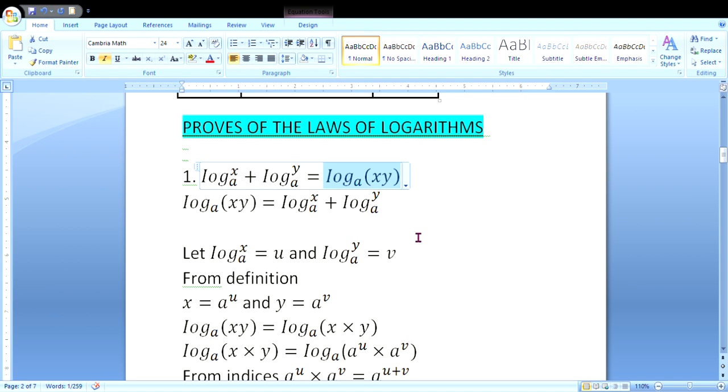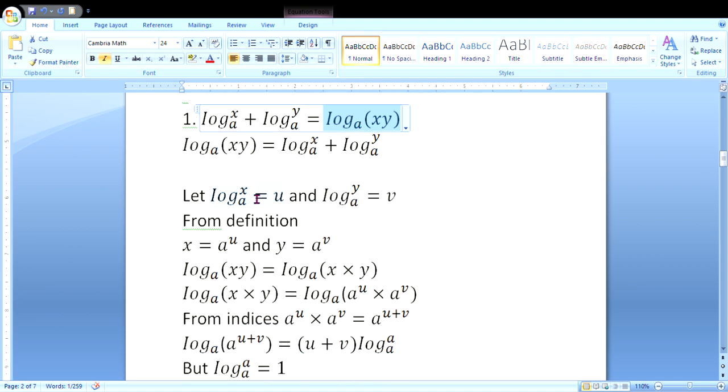Now what we're going to do here, we say let log x to base a be equal to u, and similarly log y to base a be equal to v. From the definition we can now say that x is equal to a raised to the power of u, and similarly y is equal to a raised to the power of v.